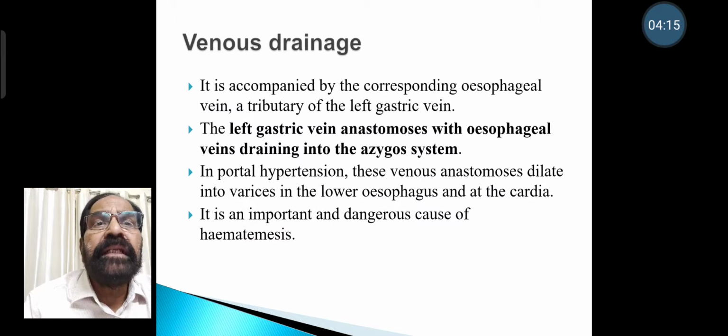This is accompanied by the corresponding esophageal vein, which is the tributary of the left gastric vein. The left gastric vein anastomoses with esophageal veins draining into esophageal system. In portal hypertension, these venous anastomoses dilate into varices in the lower esophagus and at the cardia, and it is an important and dangerous cause of hematemesis.